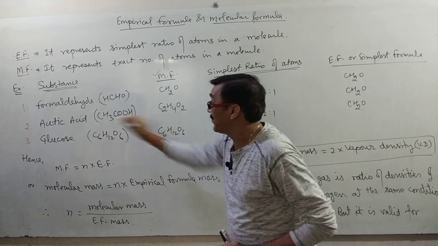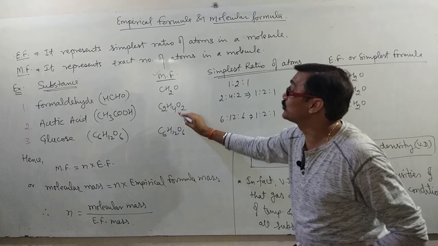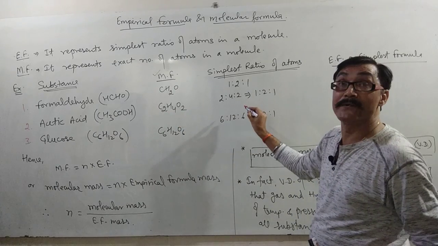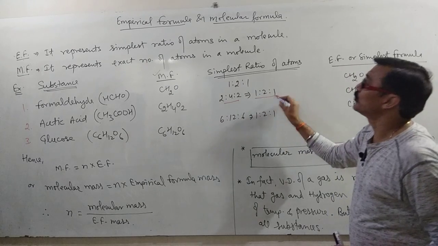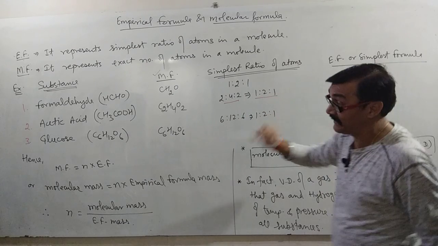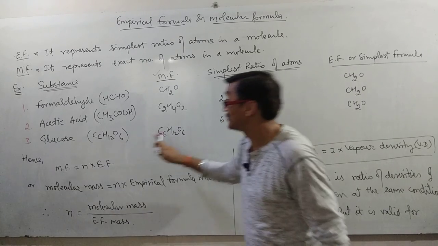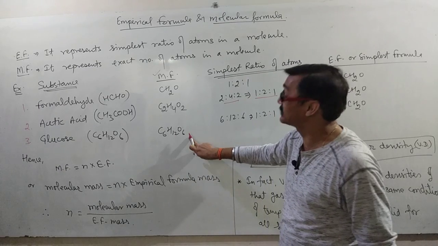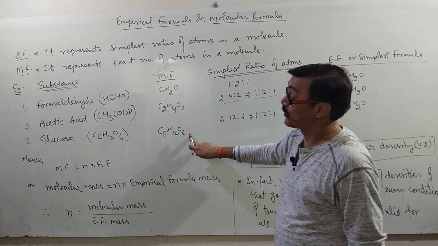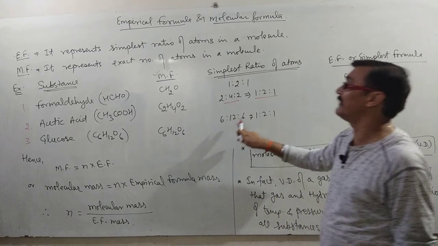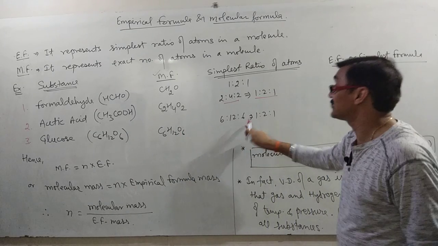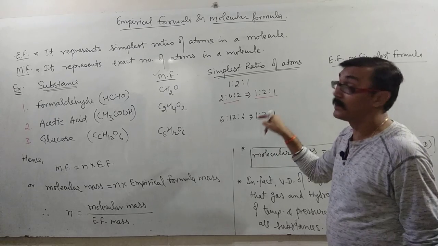While in case of acetic acid, the ratio is 2:4:2, but the simplest is 1:2:1. And similarly, in case of glucose, the molecular formula is C6H12O6, and the numbers of atoms of carbon, hydrogen and oxygen are 6, 12 and 6. So their simplest ratio is 1:2:1.